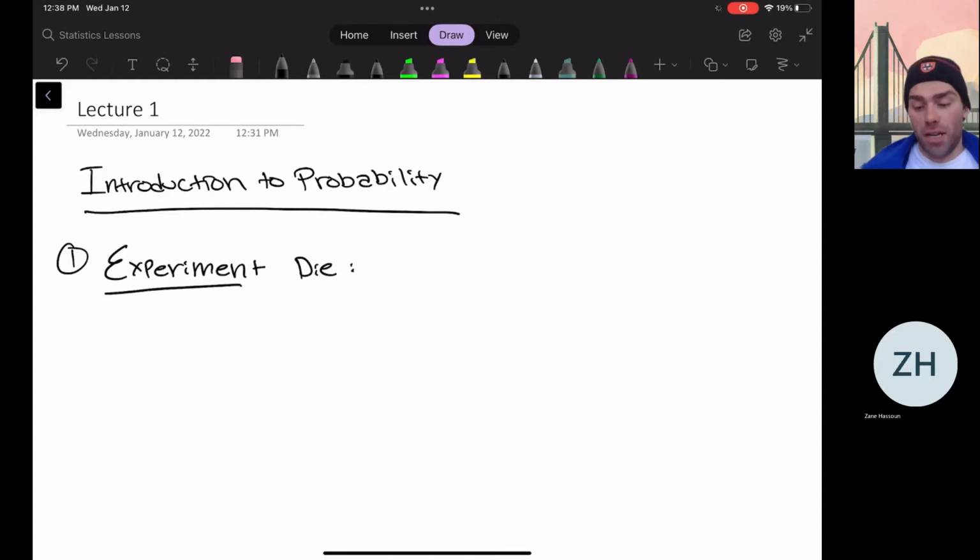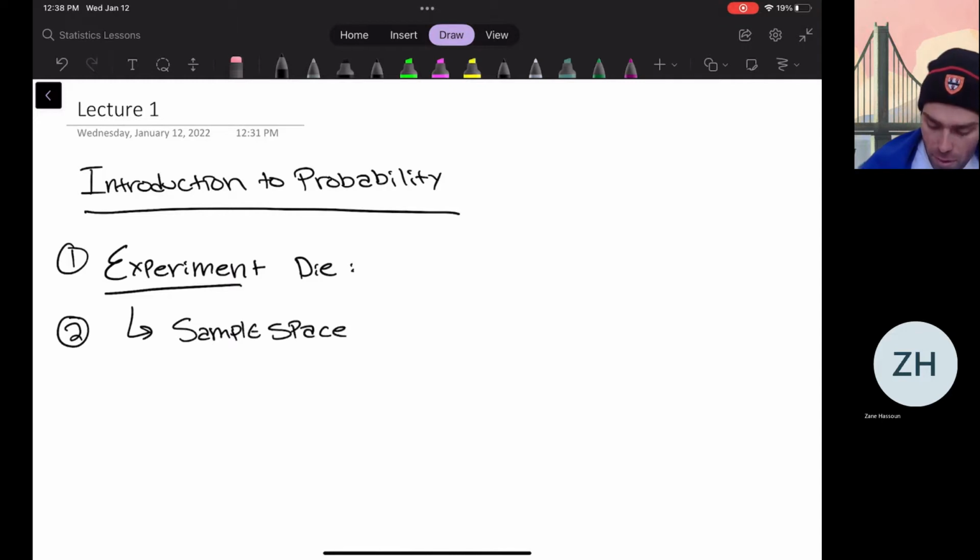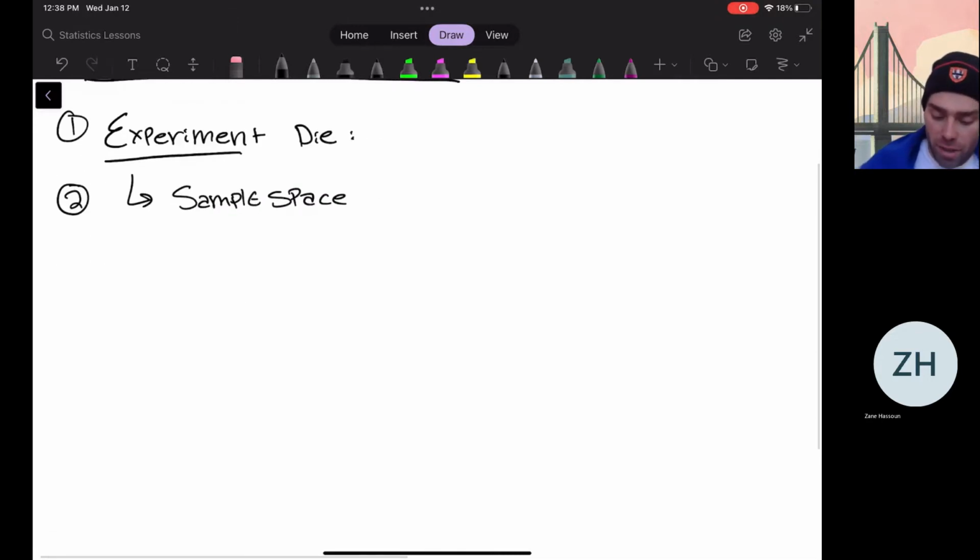So with the die, now what is our sample space? Within our experiment, we have a sample space. The sample space associated with our experiment of rolling a die is the collection of all possible distinct outcomes of the experiment. Take this six-sided die, for example.